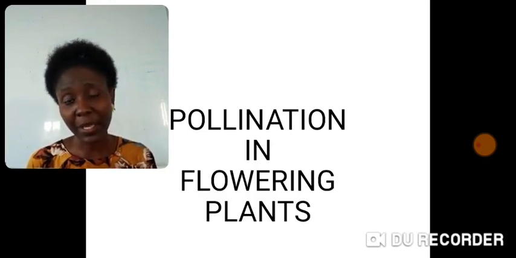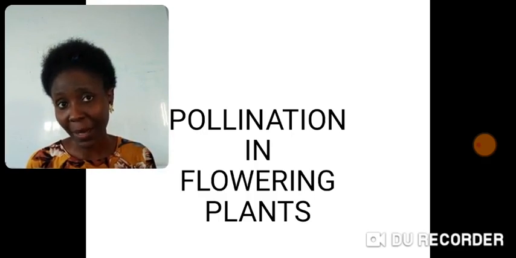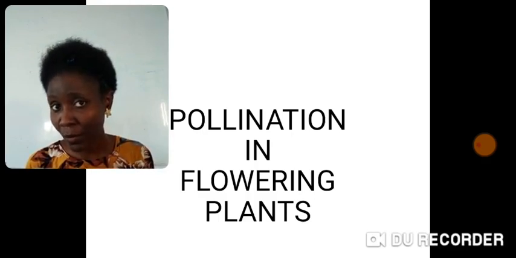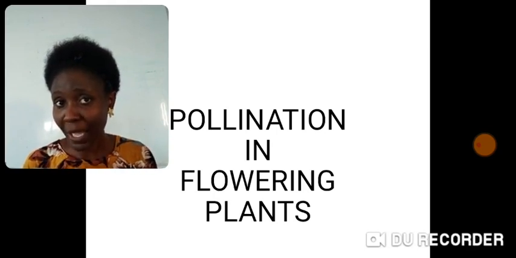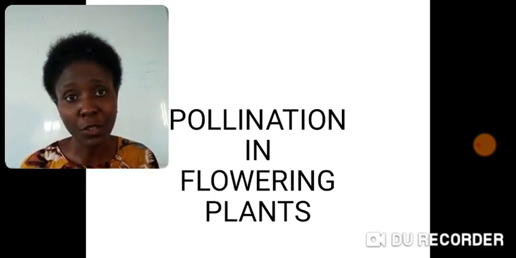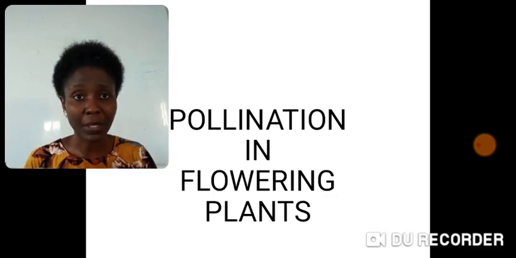The pollen grain that has been deposited on the stigma will travel down the pollen tube formed along the style into the ovules, and before you know it, seeds, fruits, and a new flowering plant can be formed.